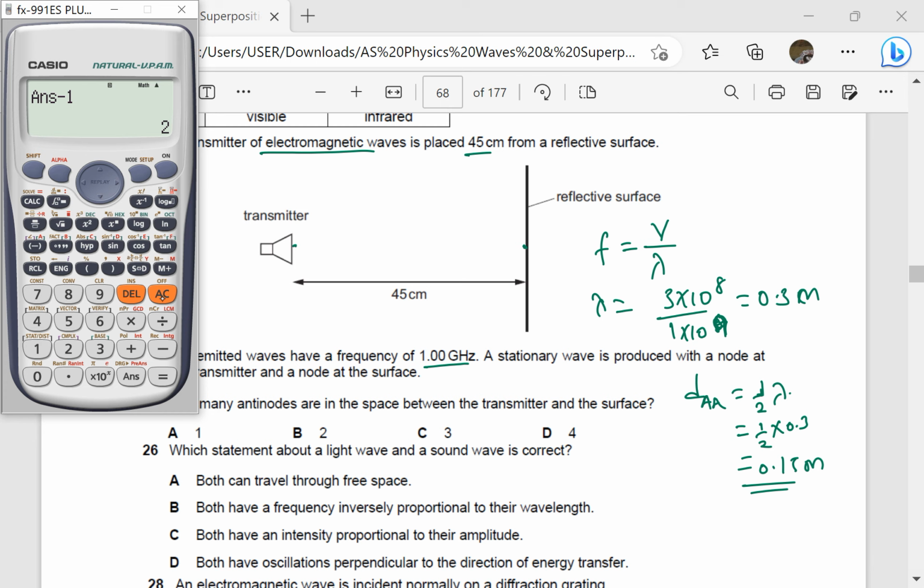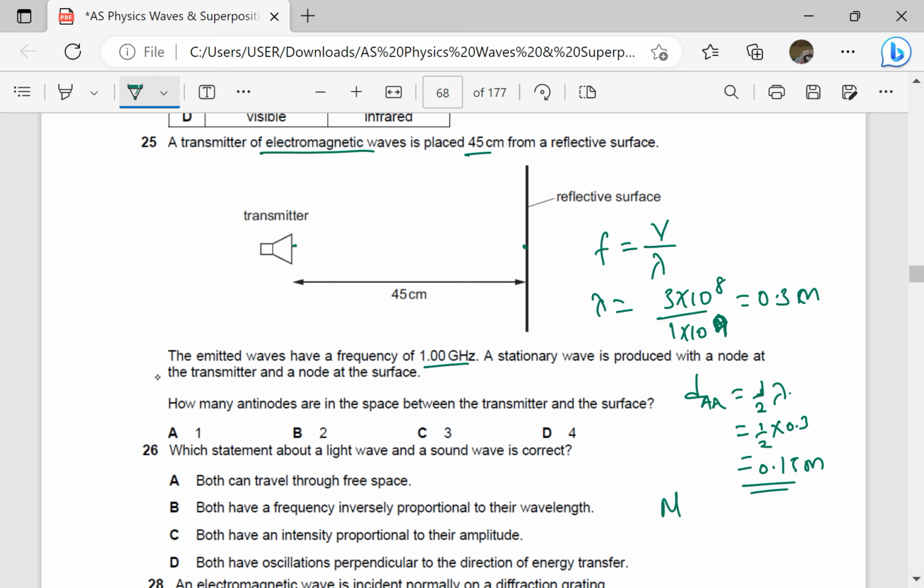The distance between successive antinodes is half wavelength, and 45 divided by 100 is 0.45, divided by 0.15, which is 3. So the number of antinodes is equal to 3.